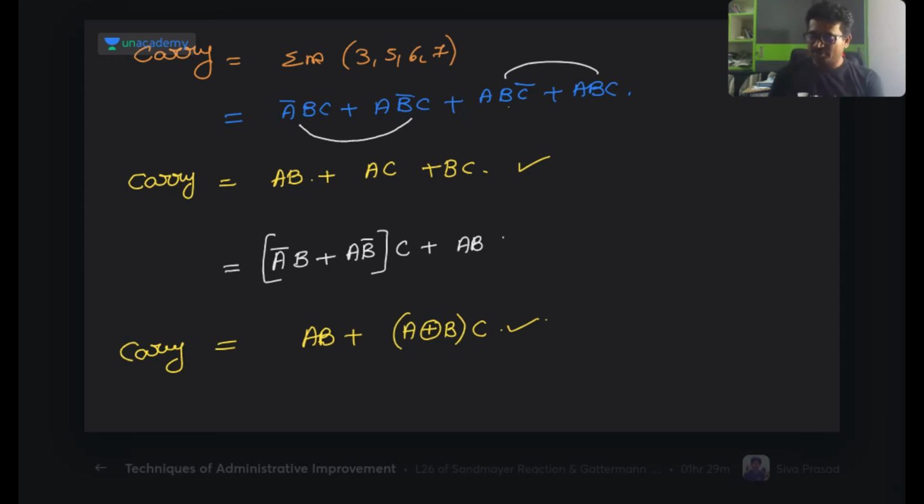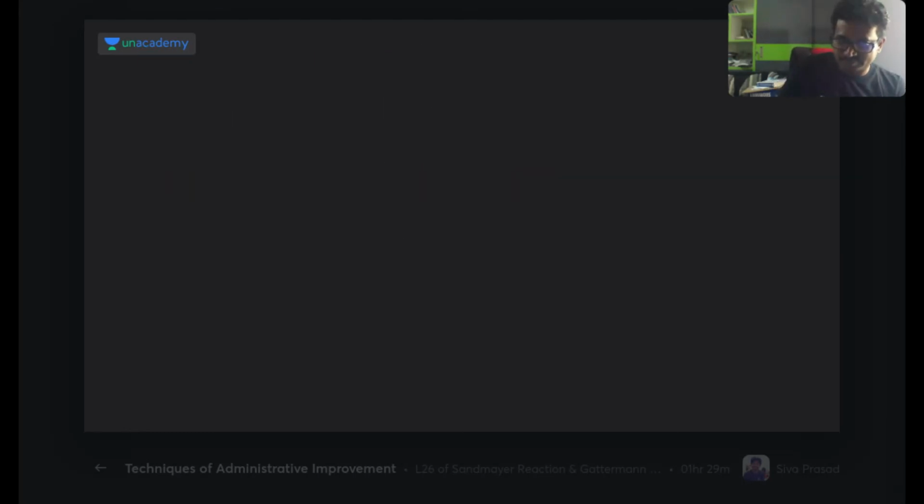Now finally, see what we have implemented here. What is the sum expression we have seen? (A XOR B) whole bar into C plus A XOR B into C bar, isn't it?